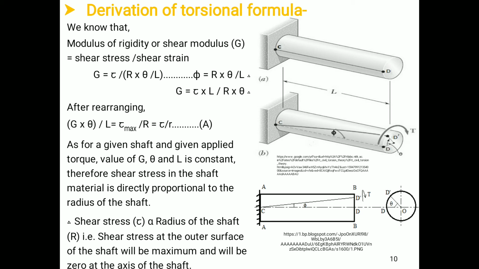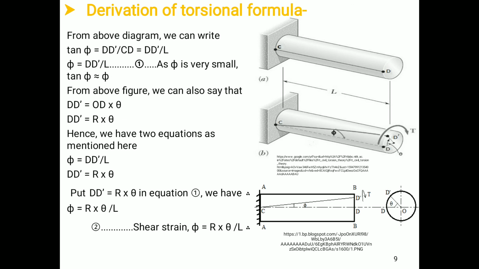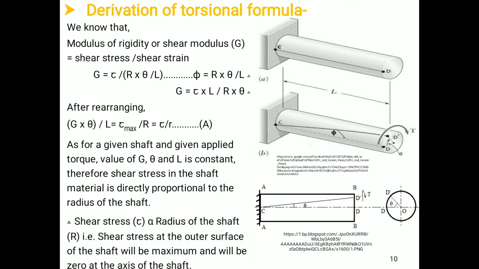Therefore we have G is equal to tau upon r theta upon L, because shear stress is tau and shear strain we have calculated is r theta upon L. After rearranging this equation we have G theta upon L, which is equal to tau upon r, which is equal to tau max upon capital R.